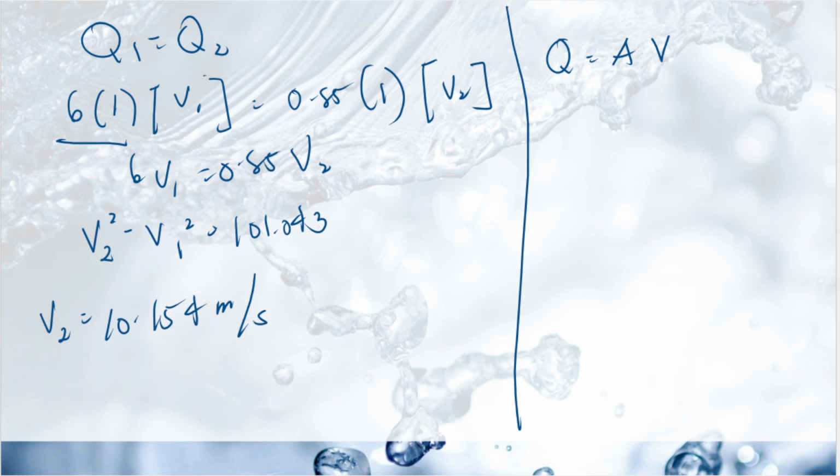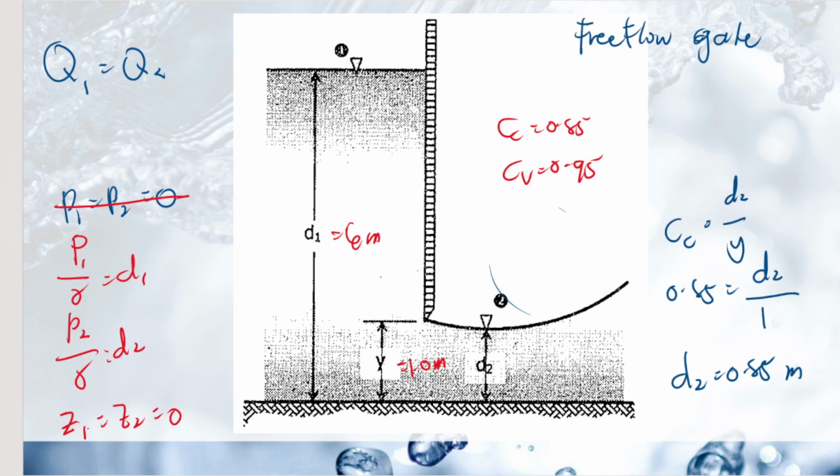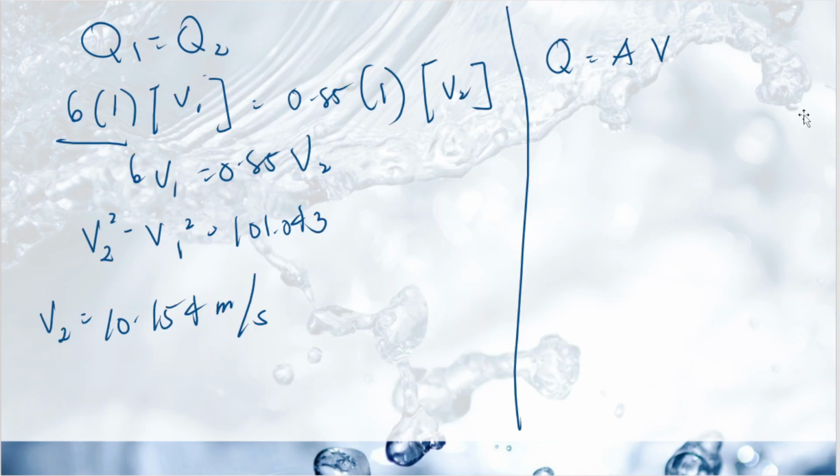This is the theoretical velocity. For us to get the actual discharge, we have to multiply the velocity V sub 2 by the coefficient of velocity, 0.95, which we mentioned earlier. So Q is equal to area. What will be the area, or the projected area?